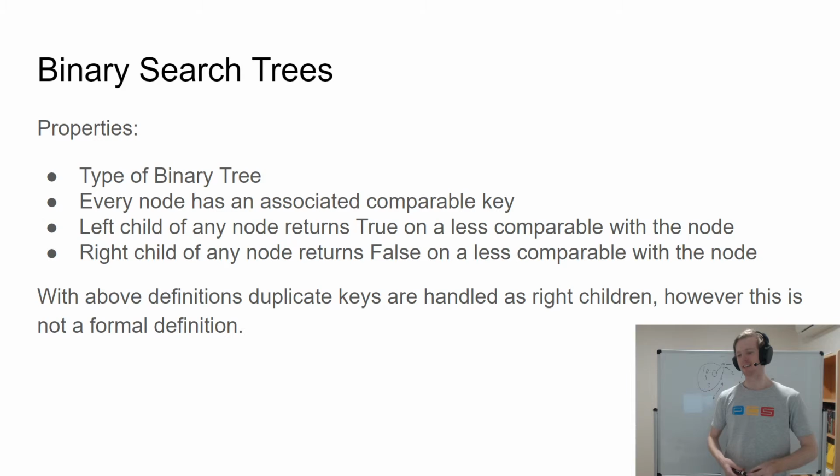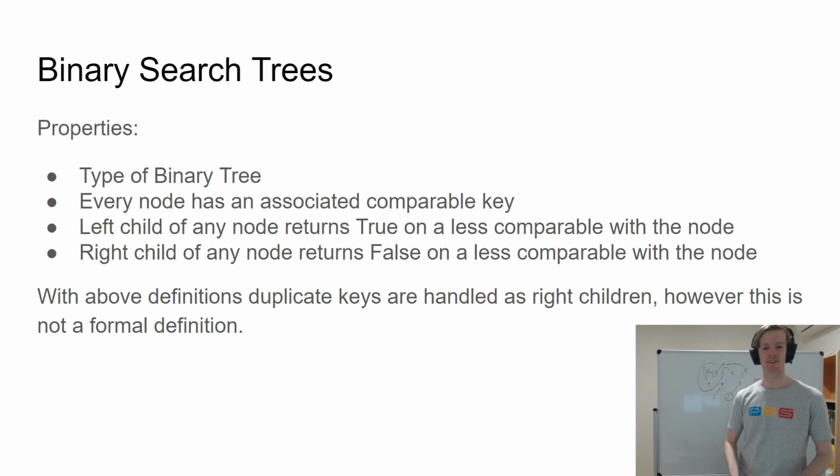It doesn't necessarily need to be the case that you handle duplicates by traversing into the right subtree. It's just the case that with a lot of comparable functions, they're based on the less than operator. And so the strictly less than operator will return false for greater than or equal to. So that's the convention that I personally typically use when handling duplicates.